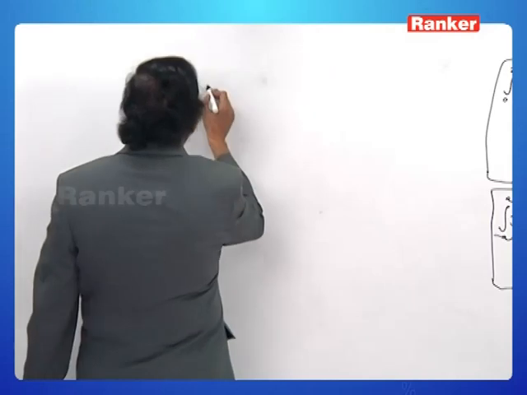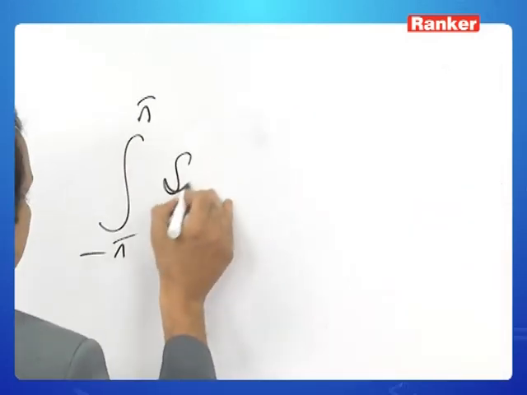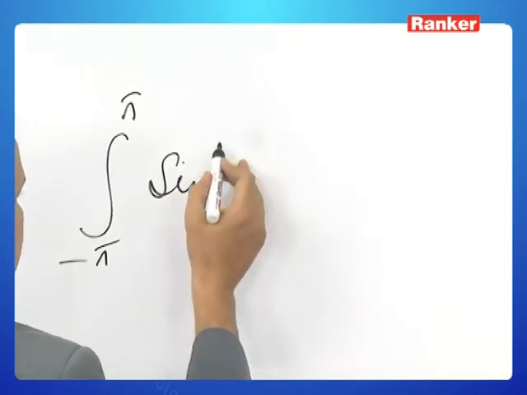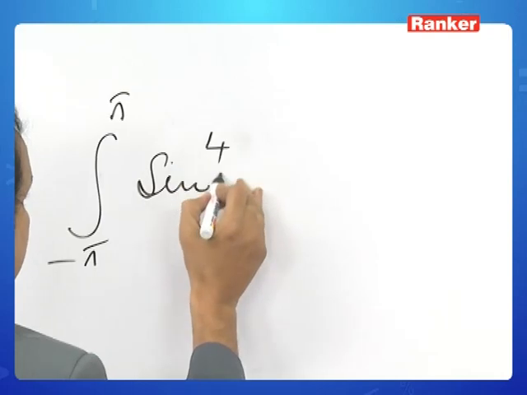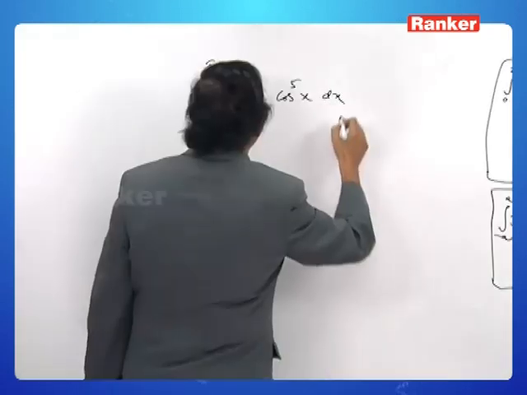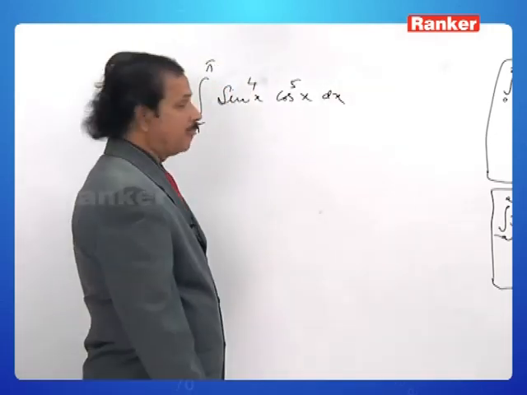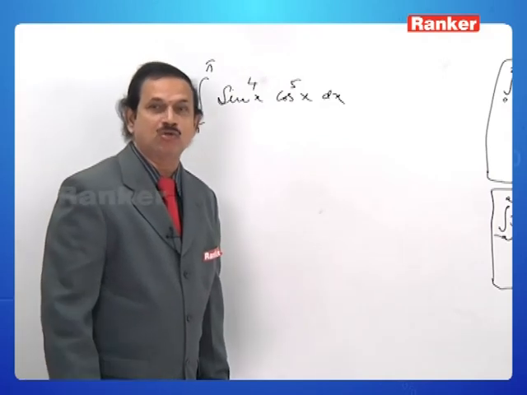Well, integral from minus pi to pi of sin power 4x into cos power 5x dx. What's your opinion? As it is in the form minus a to a, what is the test that you have to apply?